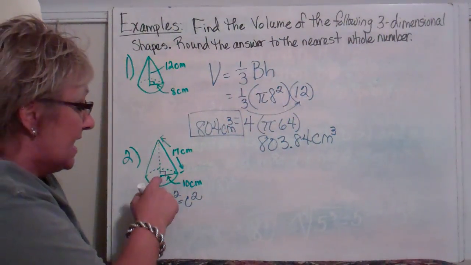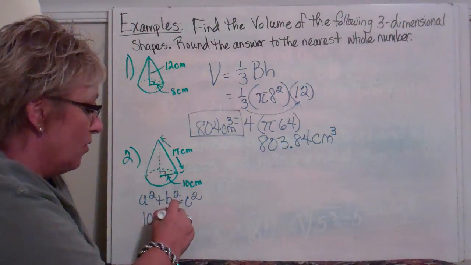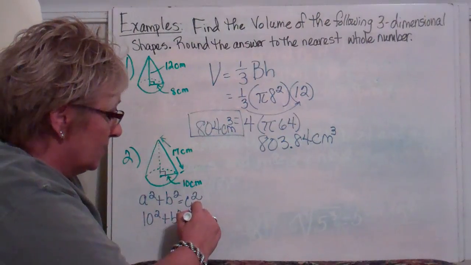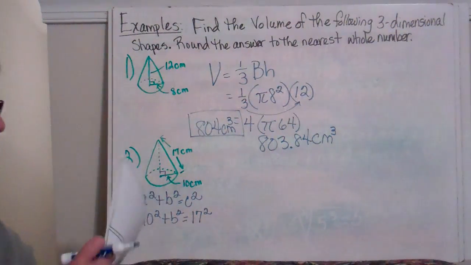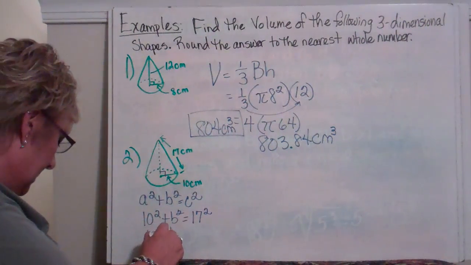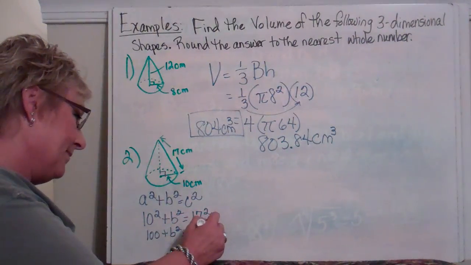I know that a is going to be 10 squared plus, I do not know what b squared is, that's what I'm trying to find. C squared is going to be 17 squared. Now in this case, I'm going to have 100 plus b squared equals 289.